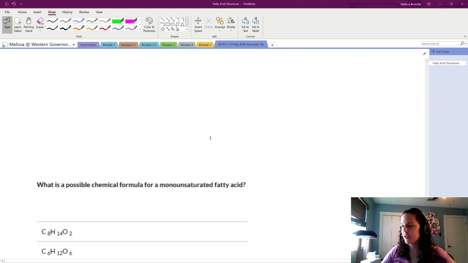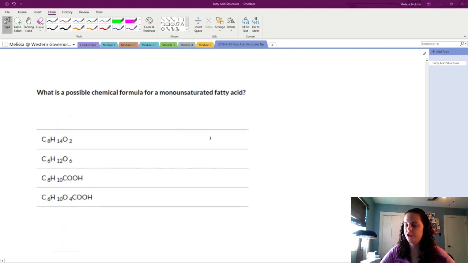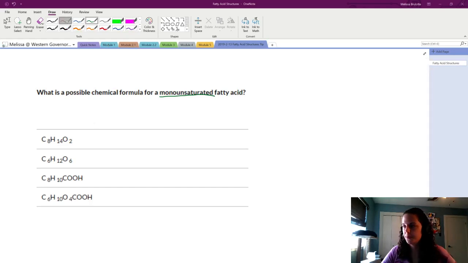Now let's look at an example of this so you know what a question might look like. So this says, what is a possible chemical formula for a monounsaturated fatty acid? So if we follow our rules, first of all, we know that these fatty acids only have 2 oxygen. So if we look at these here, we can immediately eliminate this one and this one because they have too many oxygens.